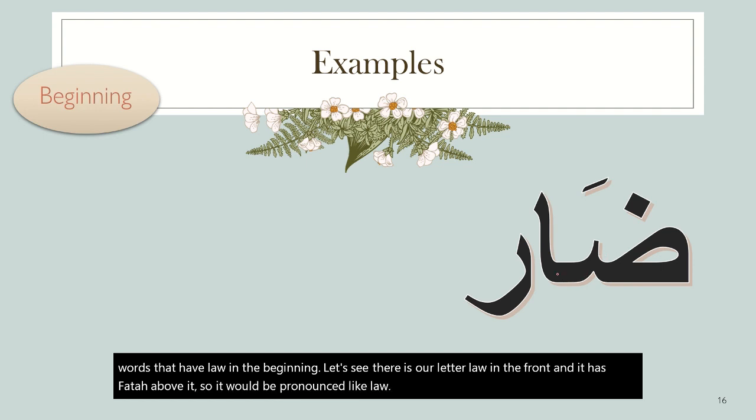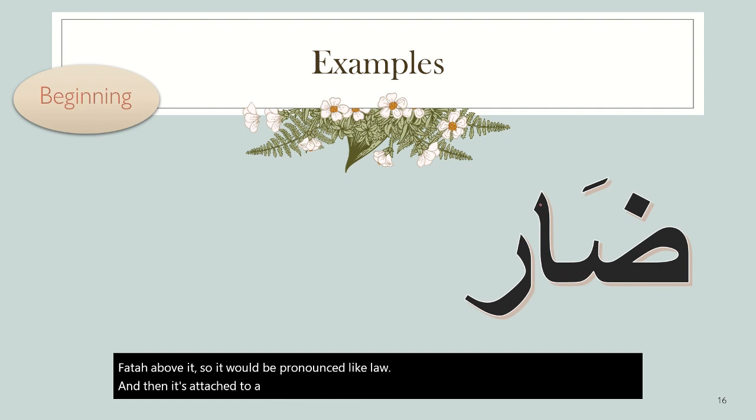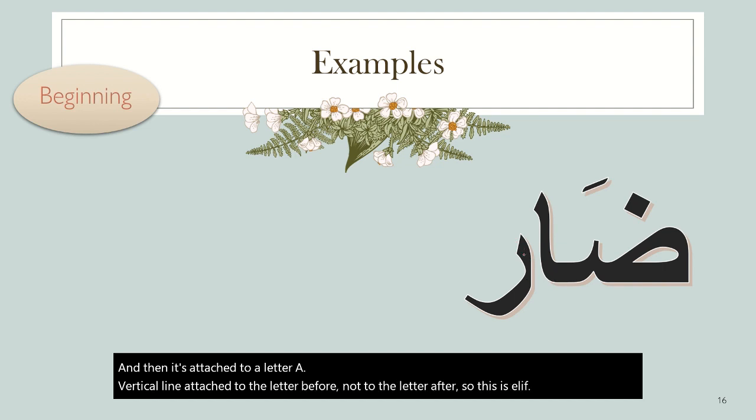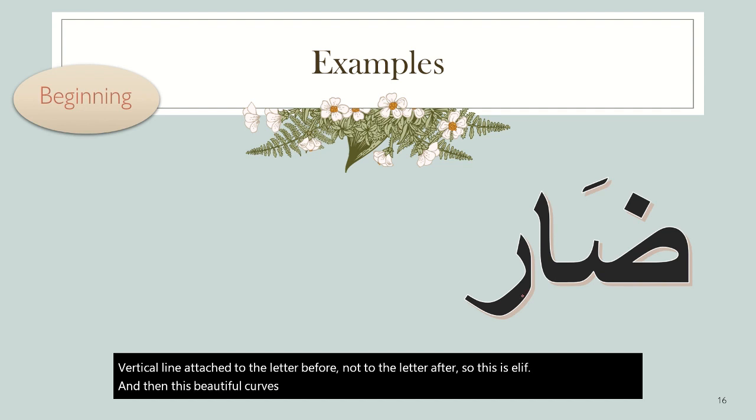And then it's attached to a letter, a vertical line attached to the letter before, not to the letter after, so this is alif. And then this beautiful curved letter, it's ra. Let's try to pronounce it together. Daar, Daar, Daar.